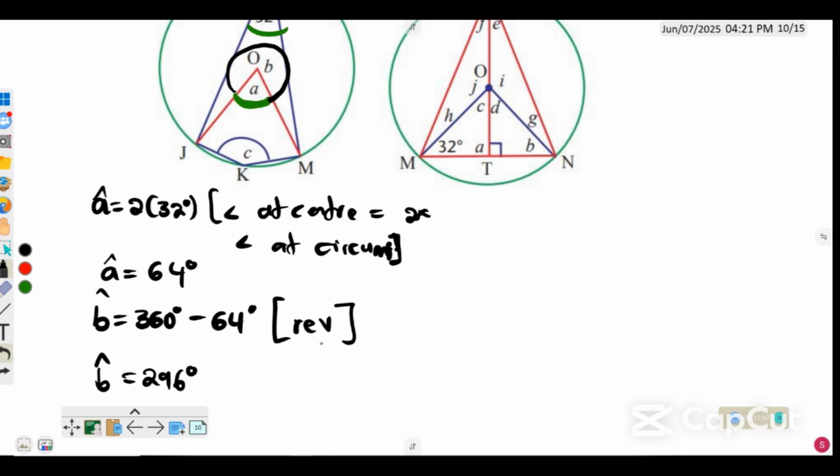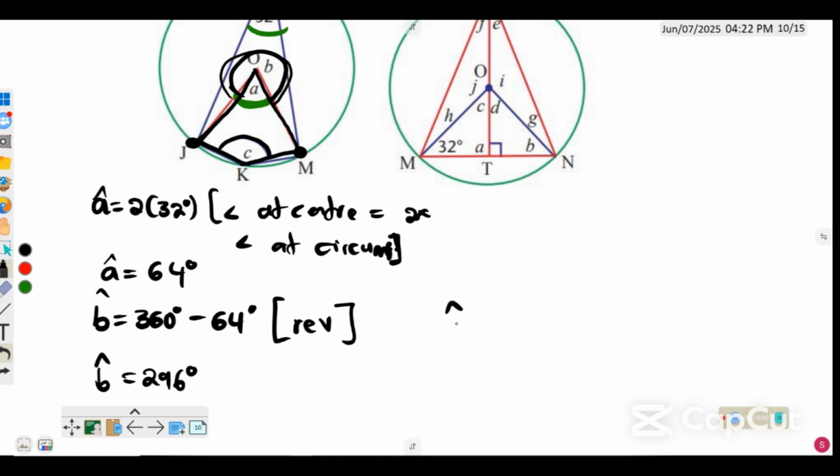We done? No. We should find angle C. Remember now how to find C. If we trace back from C, we will see that C was subtended by the points M and J. When we trace again, we will see that C is on the circumference. Another angle is the reflex B, which is related to C. It's that diamond thing.